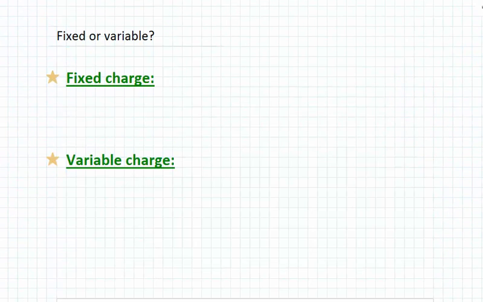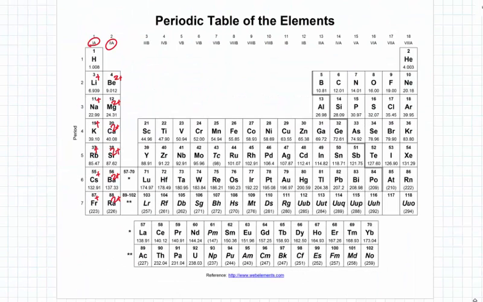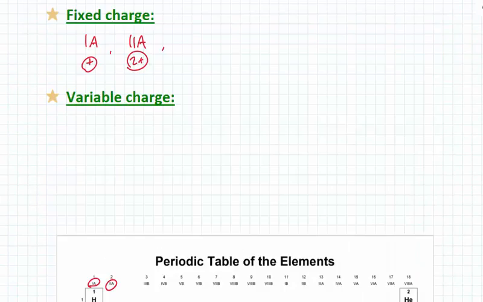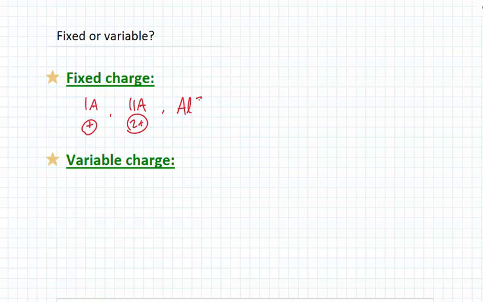So let's write those up here. 1A was plus, 2A, 2+. We also had aluminum and gallium, which are both 3+. Let's write those. Al 3+, Ga 3+.